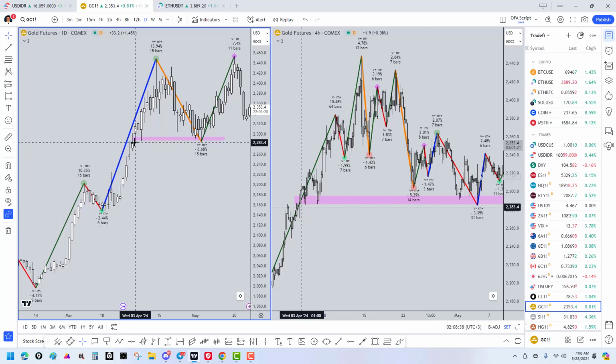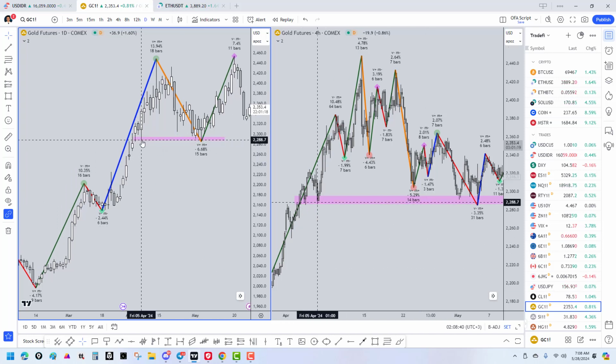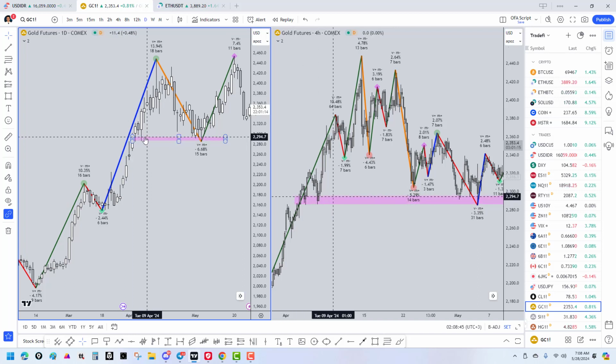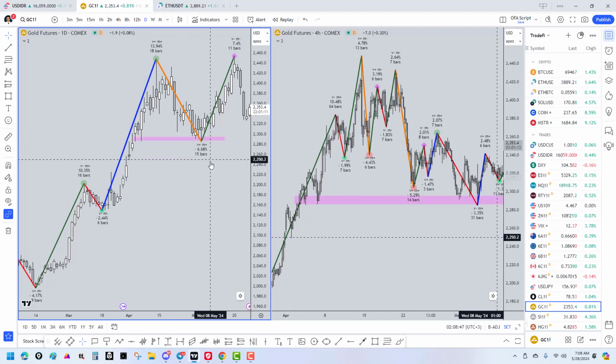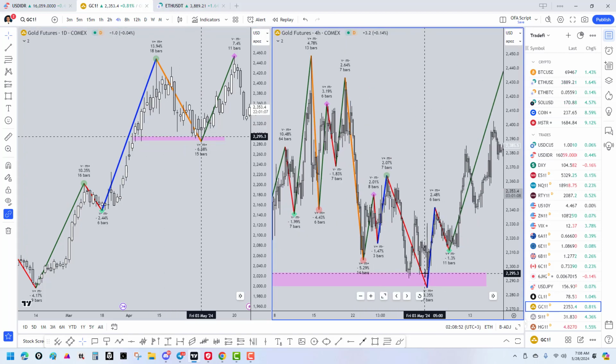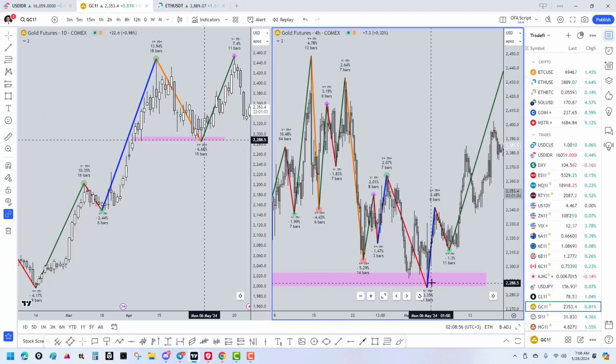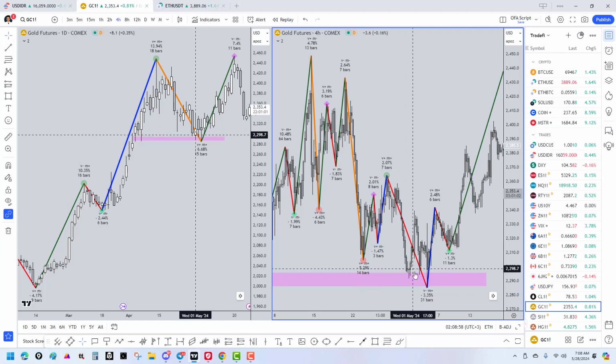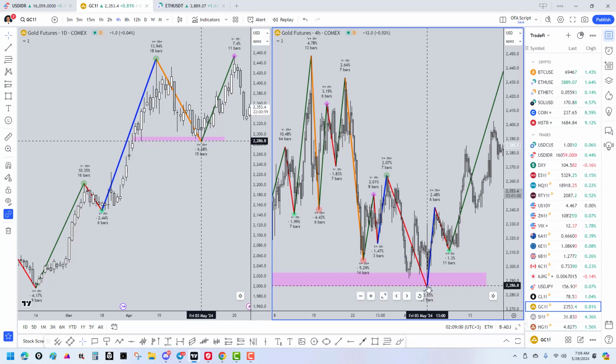And in the case of gold, notice how we tapped twice there around the 2290, 2300. So we wanted to wait for a retracement that would tap back into that level, and that's exactly what occurred during the early May phase. So notice how the market came into this level of support, started to rebound.